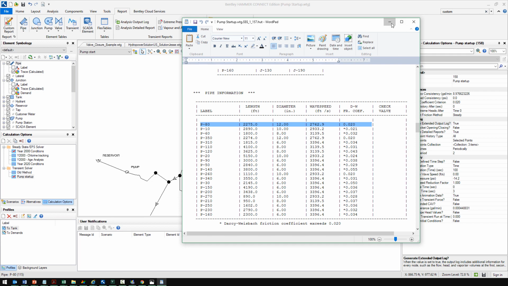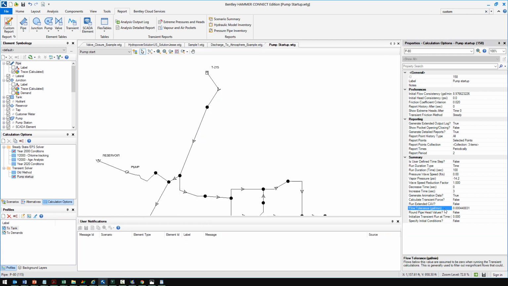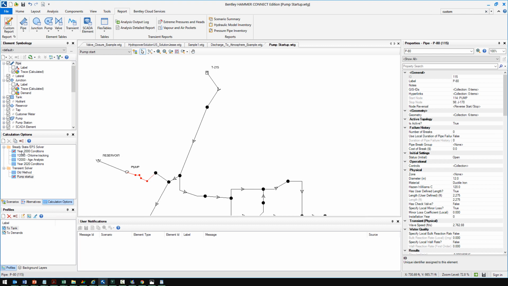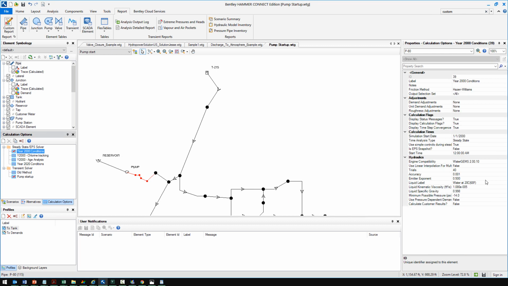So that might amount to maybe adjusting the flow tolerance, or maybe even adjusting the initial condition solver options to balance at a more accurate solution. So basically, when you're computing initial conditions, the steady state, it's trying to balance energy across the model and converge on a balanced solution. And it's not going to be exactly perfect.